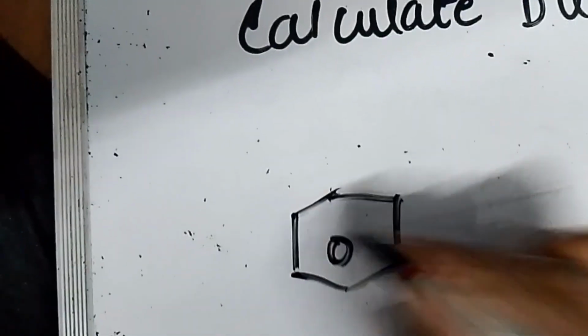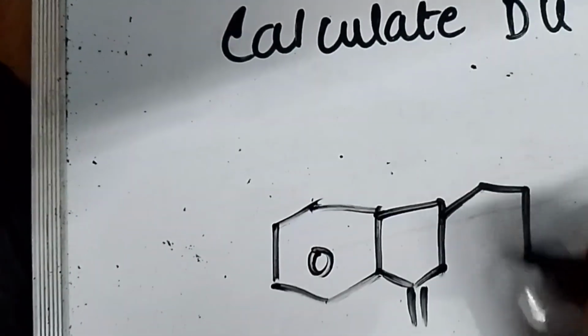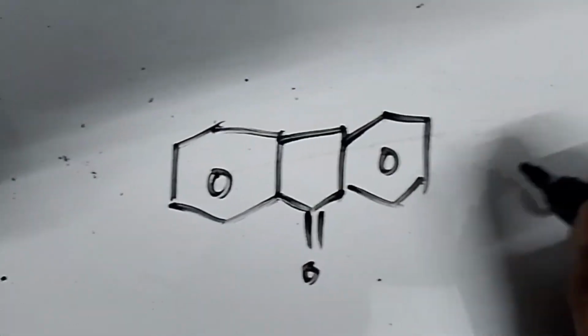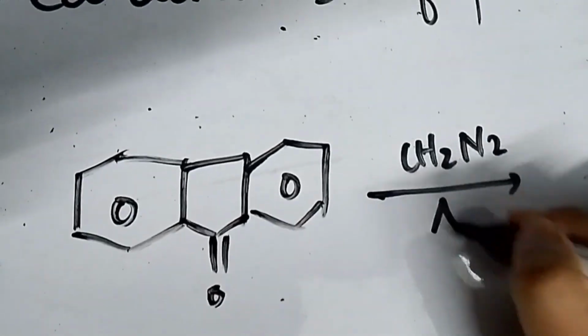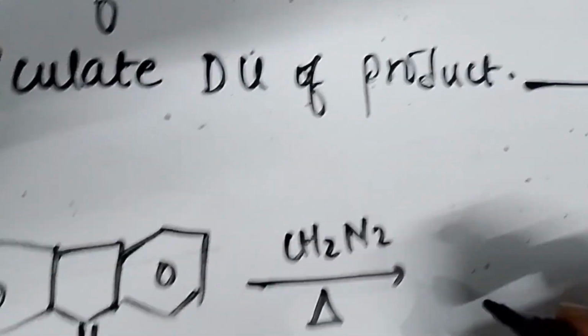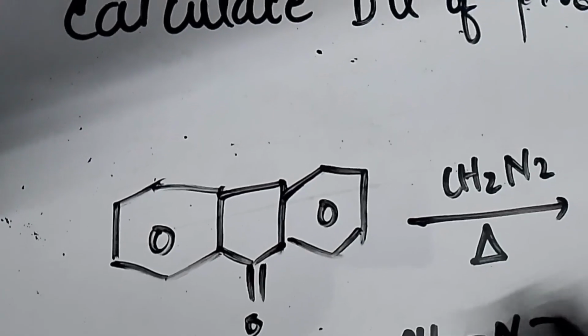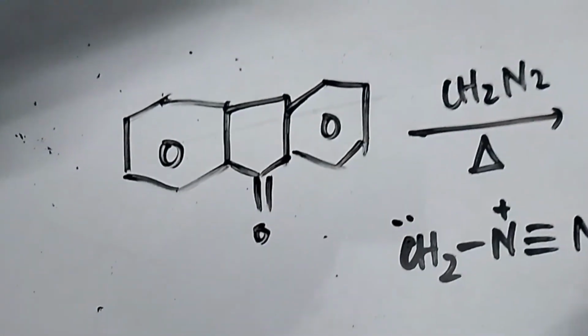Now, to proceed with the solution, the substrate, the starting material that we are given, is something like this. And with this substrate, the first reaction that is done is of CH2N2 with a little bit of heating. The CH2N2 is basically something like this, and it has a lone pair on the carbon.